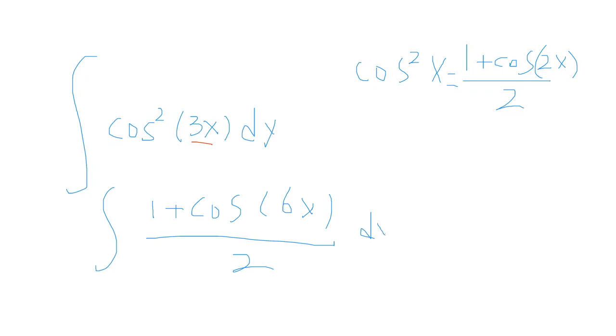Right? Okay. Now anti-differentiate. Half becomes half x. Well, half cosine of 6x. Cosine 6x, anti-differentiate that, that's 1 over 6 sine 6x. So 1 over 6 times 1 over 2, that's 1 over 12.